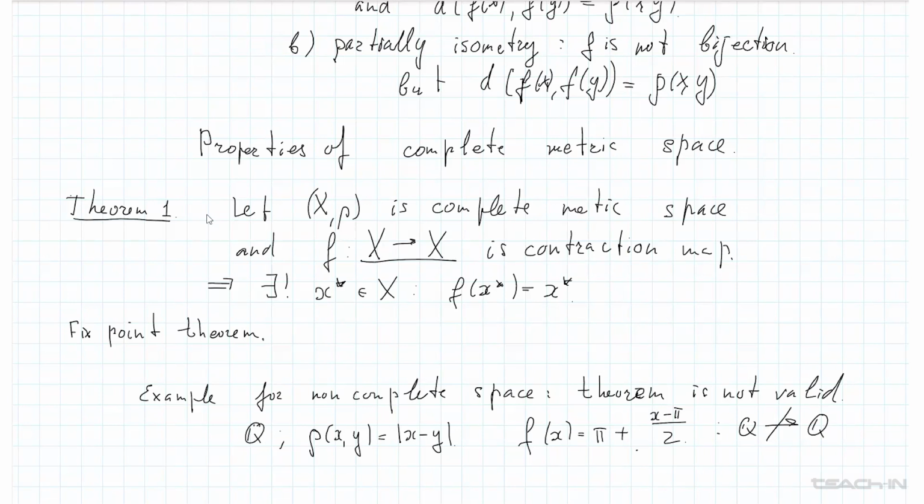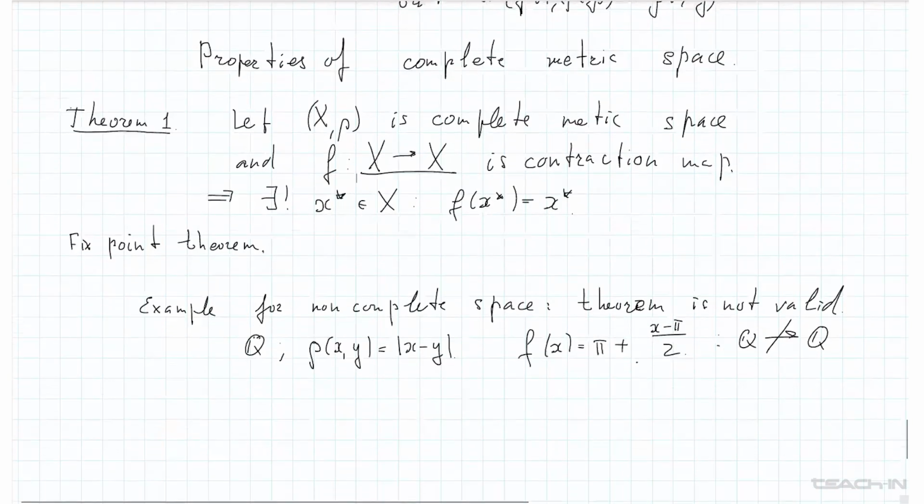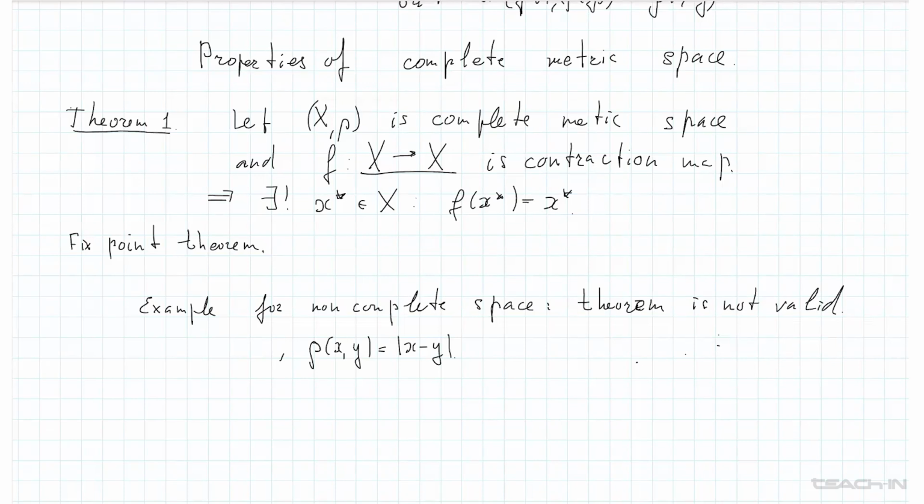Maybe more simple. Okay, let's consider simpler examples. For example, not the rationals, but the reals without zero. Then you can just divide by a certain number and it will be a contraction, but with no limit point, with the standard metric.